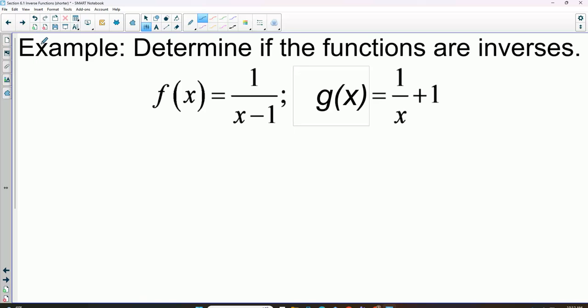Let's try another one. So if I am trying to decide if these things are inverses, we will do the composition. So we're going to do f composed with g.